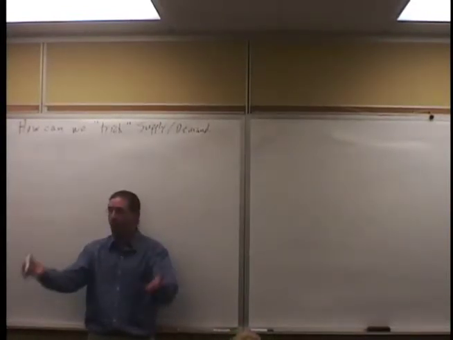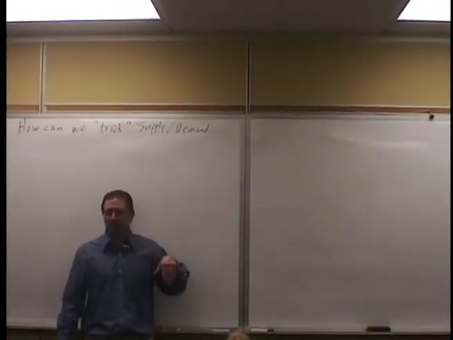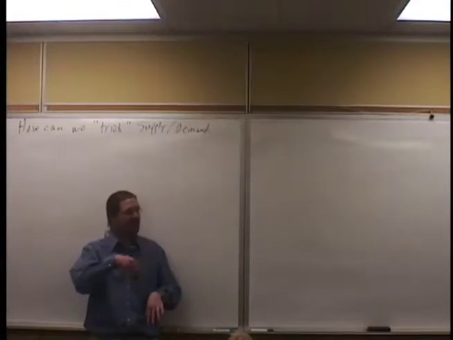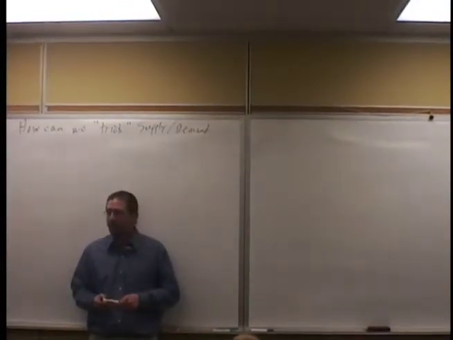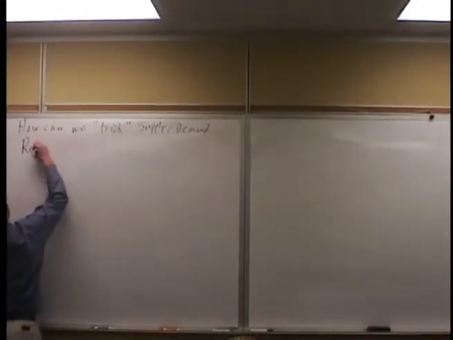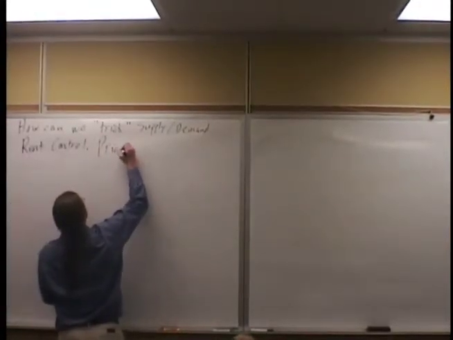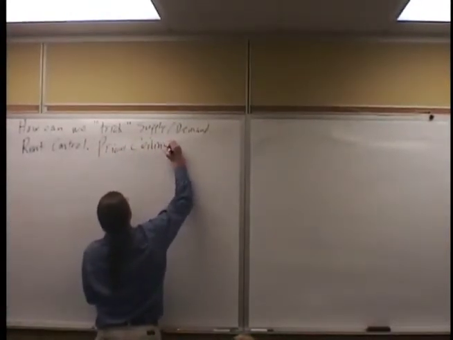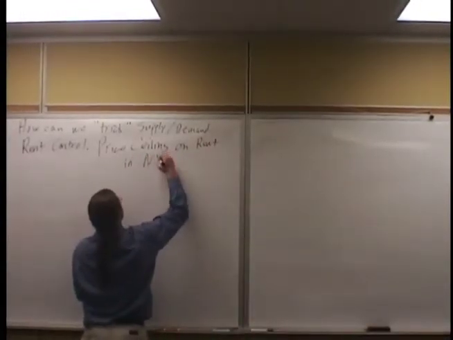They'll be able to afford housing in New York City, and they won't have to take a 3-hour subway ride from the far west or the far south of New York City to get into the city and actually do their jobs, right? So, rent control. Rent control. They put a price ceiling on rent in New York City.